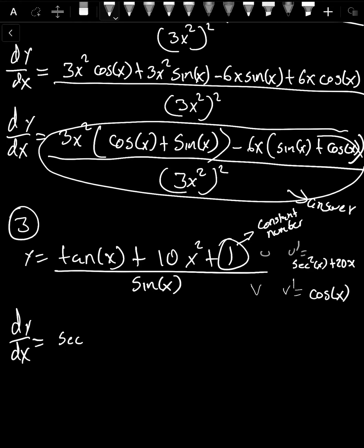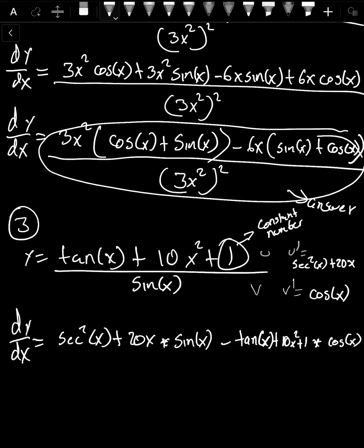So dy over dx is equal to u prime, which is going to be secant squared x plus 20x, right? Times our v value, which is sine of x, minus our f of x, which is our u, which is tangent x plus 10x squared plus 1, right?